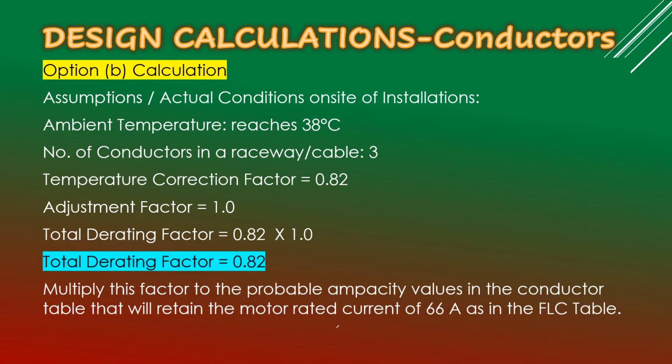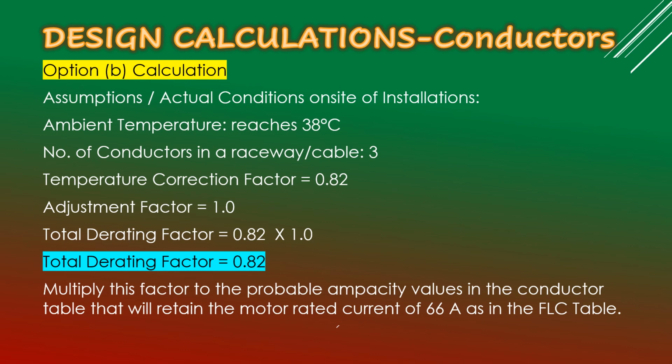This total derating factor, we have to multiply to the probable ampacity values in the conductor table that will retain the motor rated current of 66 ampere as in the FLC table. So from the conductor table, we have to select an ampacity and multiply it with 0.82, our total derating factor.